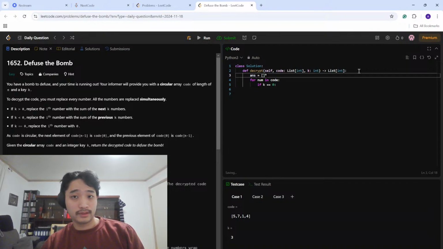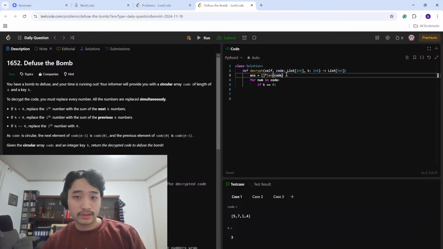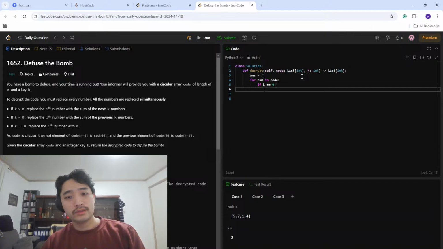Times, and this is incorrect regardless. Shouldn't matter. And append 0.